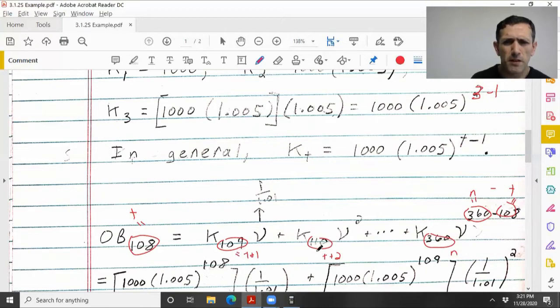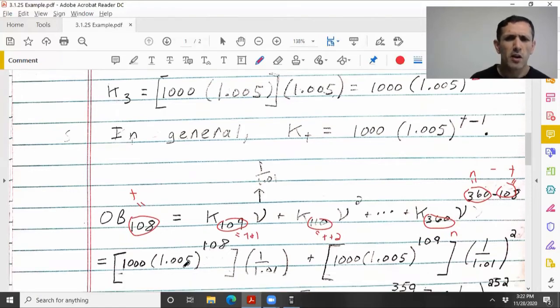The monthly interest rate is 1%, so that gives us a present value factor nu of 1 over 1.01.